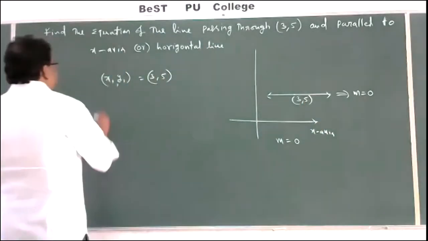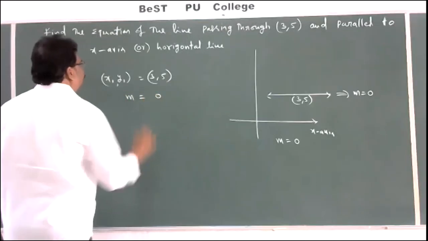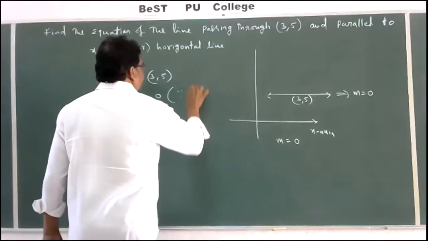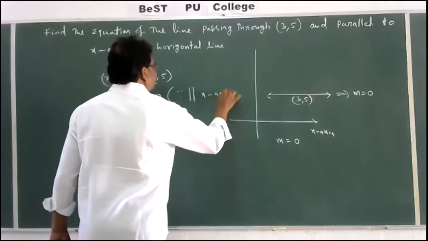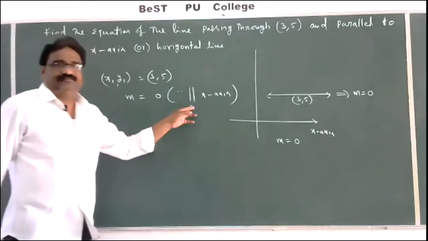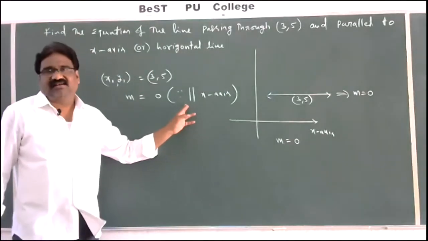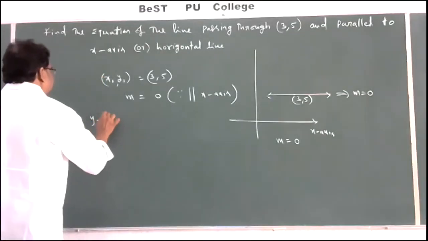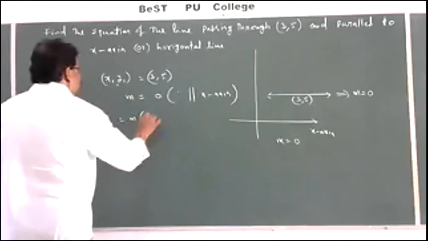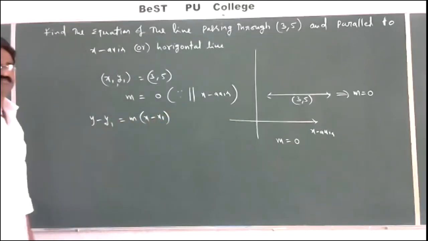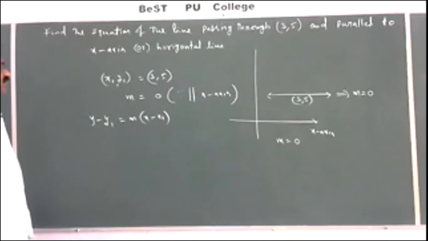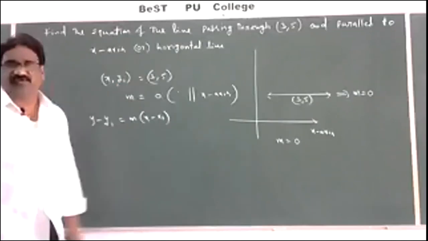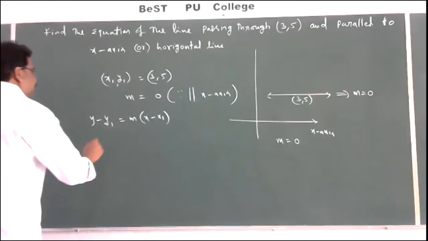So for the equation of the line, the slope m is equal to 0, since it is parallel to the x-axis. Using the slope and point form, y minus y1 is equal to m into x minus x1.